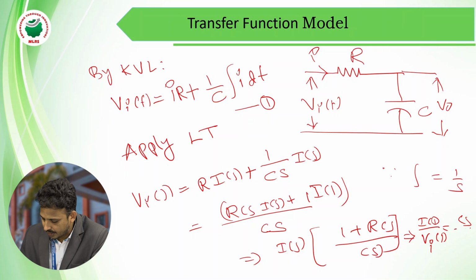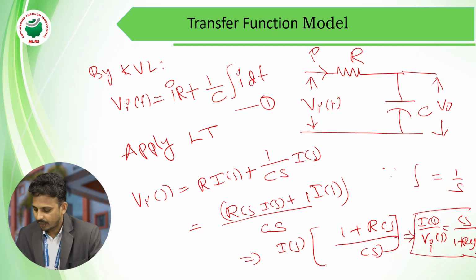So Cs by 1 plus RCS. So this is the transfer function representation of the given circuit.